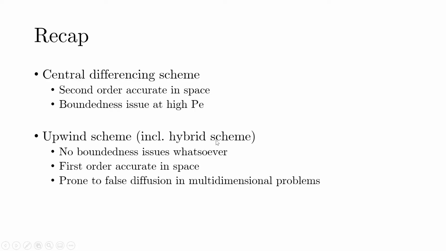And we saw that if the Peclet number is high, because it resorts to the upwind scheme, the first order accuracy still remains, even though both of these schemes are bounded by their own nature. Another downside of using pure upwinding schemes is that these schemes are prone to false diffusion in multidimensional problems.